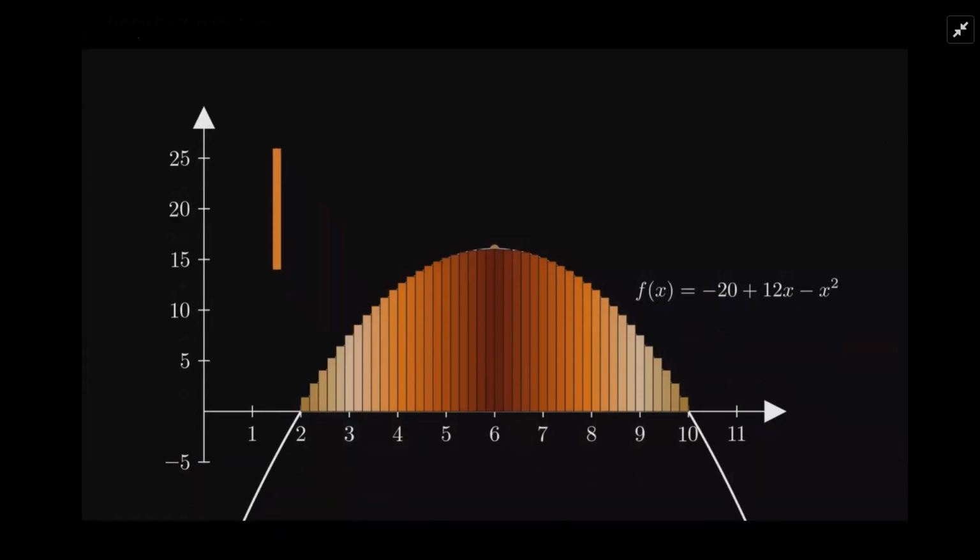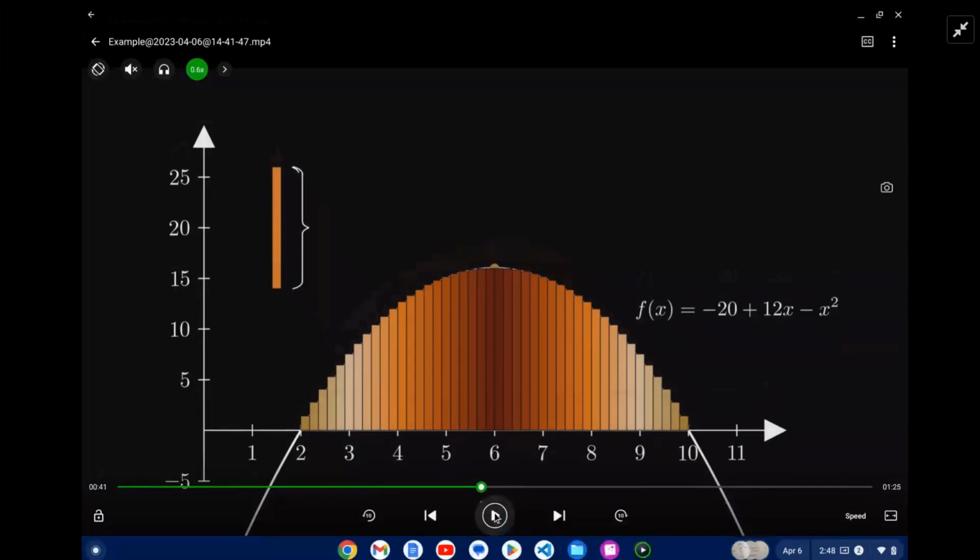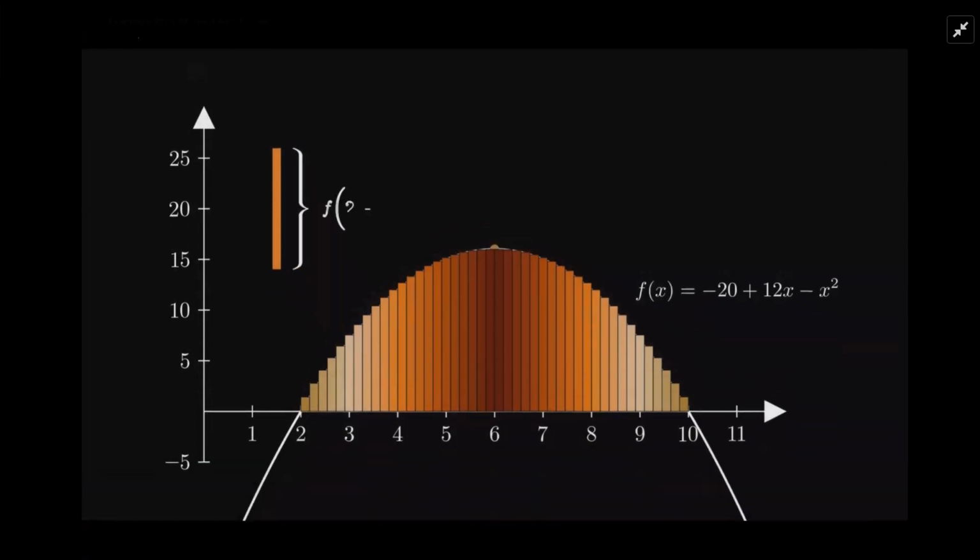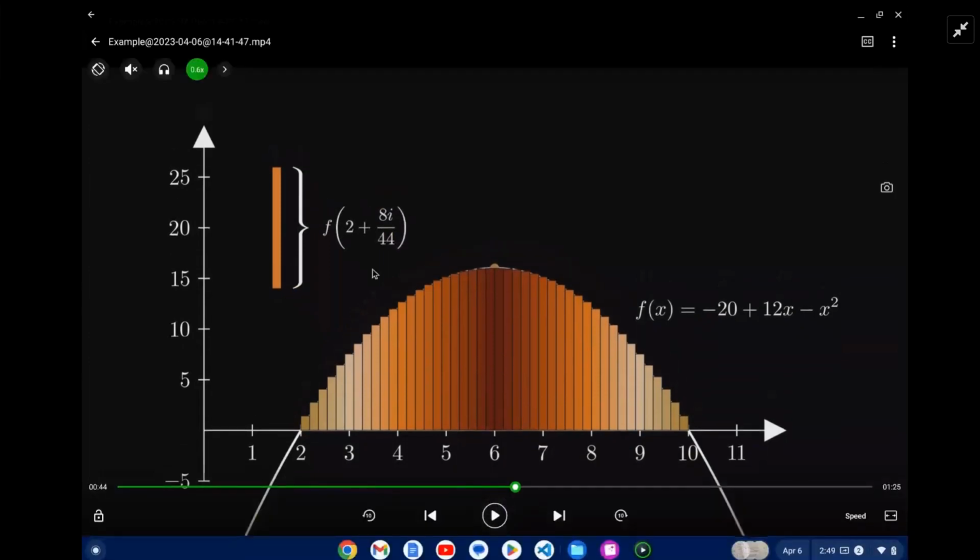Okay, and let's look at the height and the width of this. Okay, so the height is the value of the function at this value. Okay, so i means which rectangle. So there's 44 rectangles. So this is i from 1 to 44. The 2 is where we started.